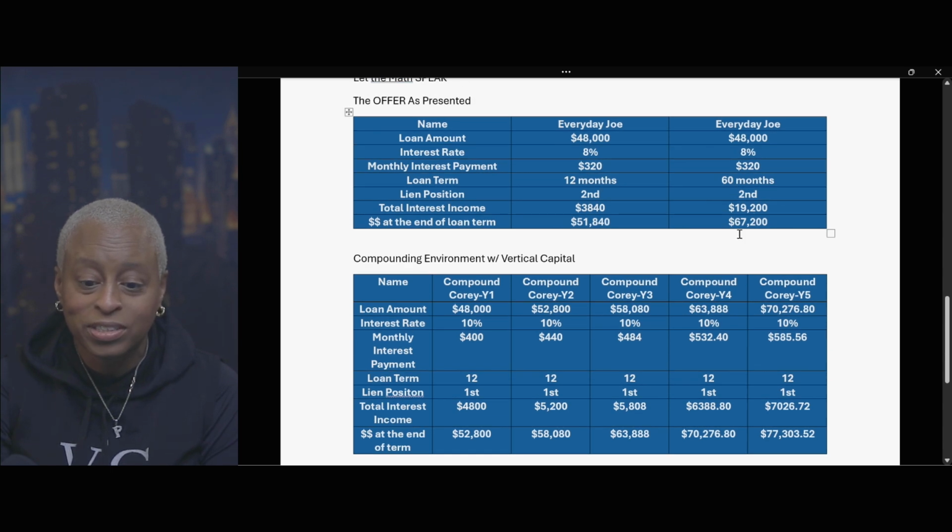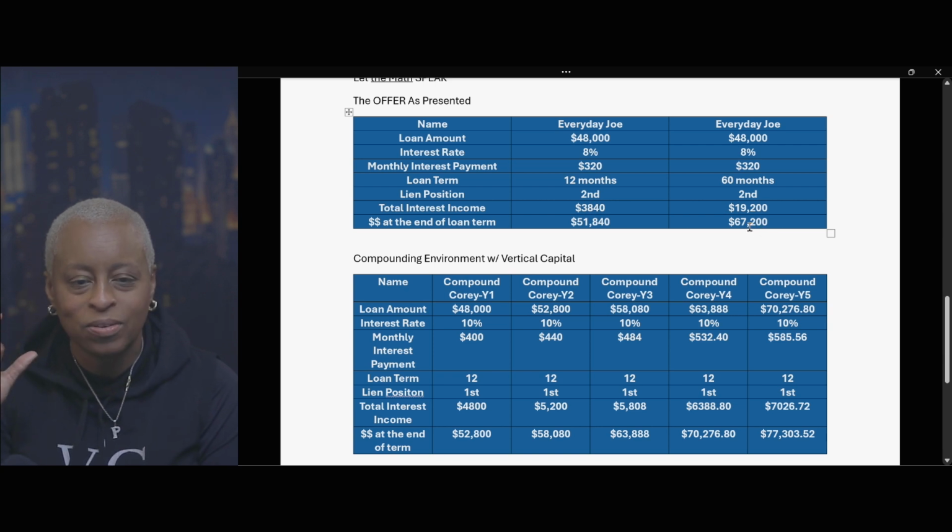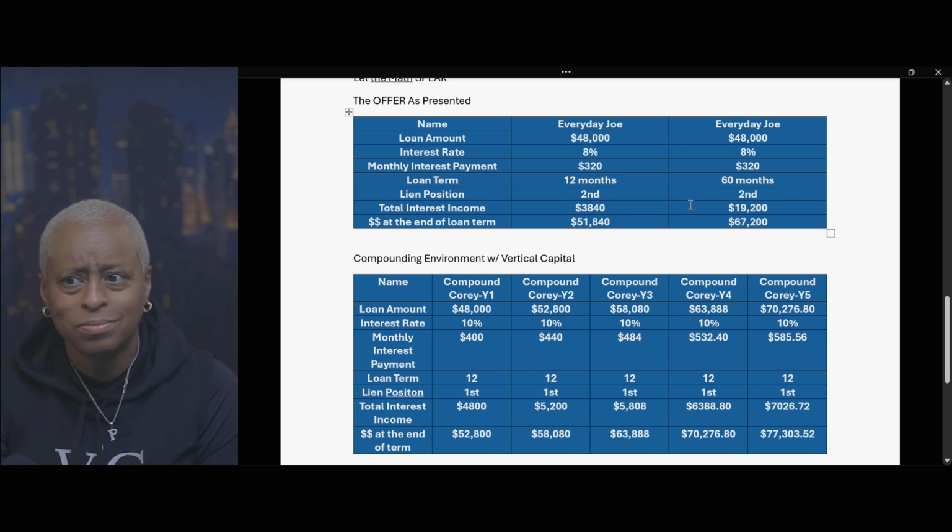This is an example of the difference in the mindset, right? In this example right here, we're not using any finance at all. We're using simple. We're not analyzing anything. We're not using any principles.